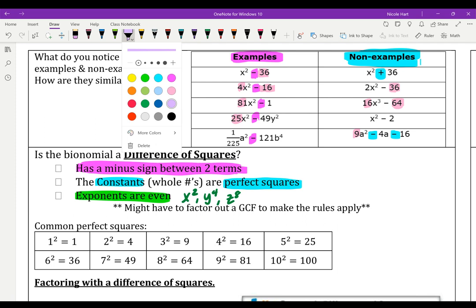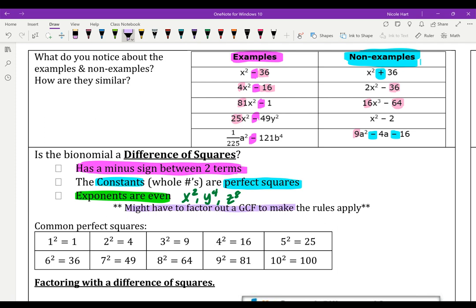And an important factor to note is that you might have to factor out the GCF to make the rules apply. That's just true. So for example, I might have 3x to the power of 3 minus 12x.